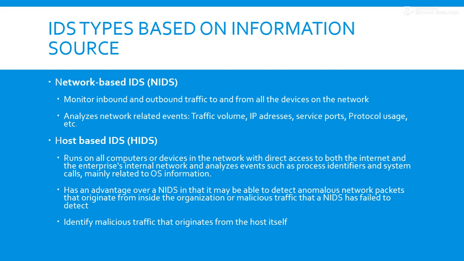Also, host based IDS is able to identify malicious traffic that originates from the host itself, like when the host has been infected with malware and is attempting to spread it to other systems in the network. Host based IDS can even detect this from the host itself. This paper mainly focuses on network based IDS systems.